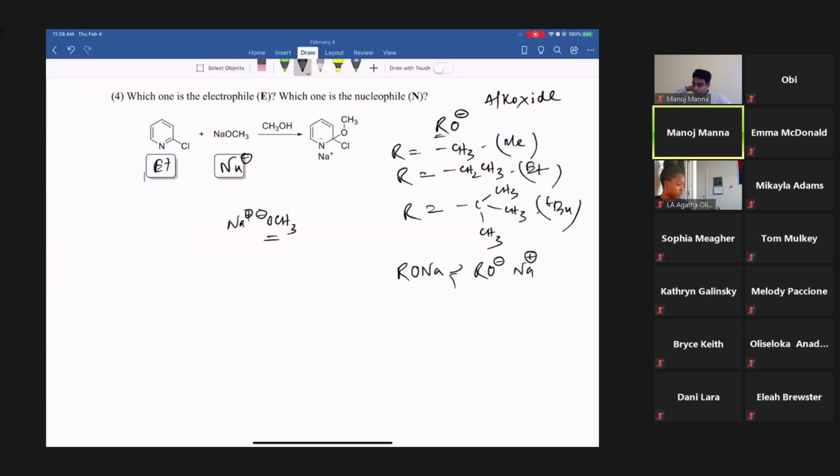That one I call alkoxide, and if you change the R group to methyl, methoxide; with ethyl, ethoxide; and with tert-butyl group, tert-butoxide. We have to be familiar with these notations, otherwise we're not able to understand the chemical reactions. So if we have NaOCH3, you have to understand that OCH3 minus is a nucleophile. Okay, clear?